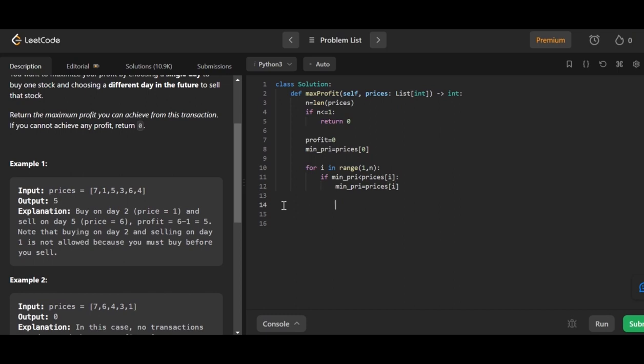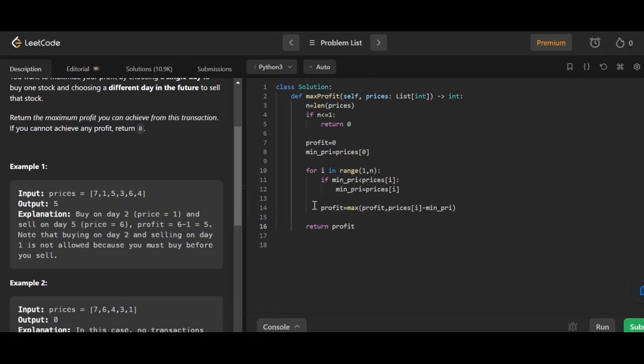Okay, and the profit will be the maximum of its initial value, compared with the difference: the price of that day minus the minimum. Okay, we will just be returning the profit.